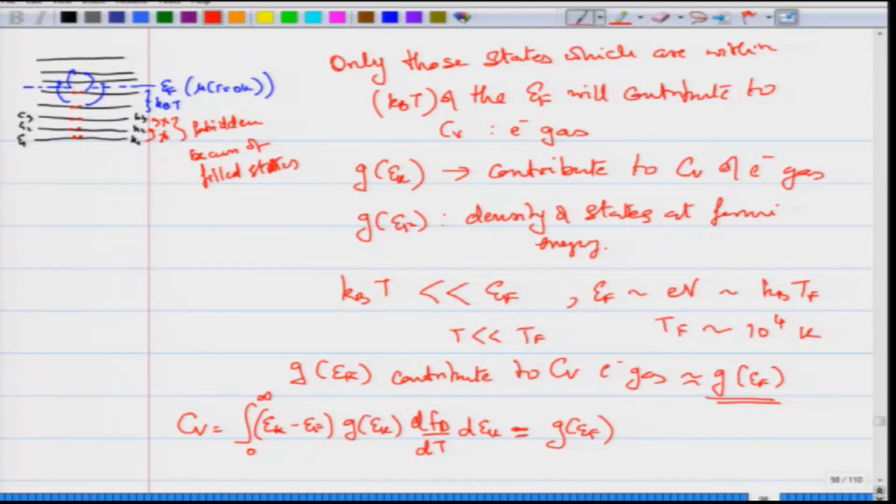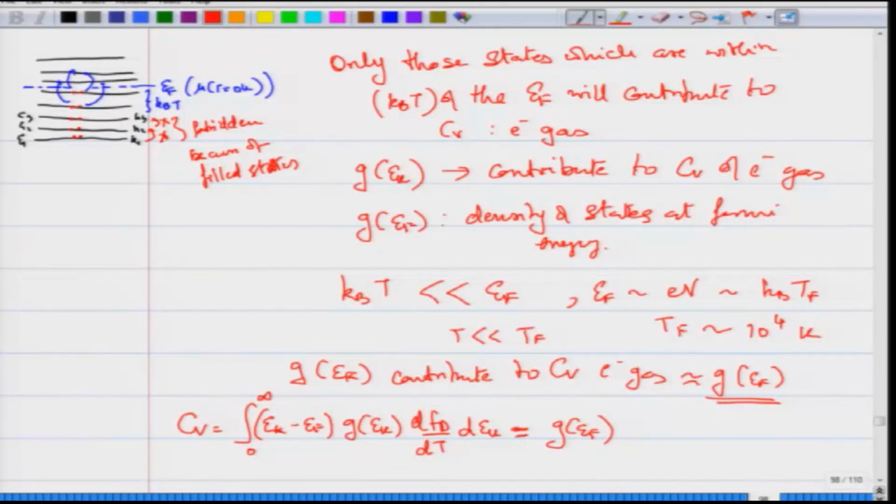But as you know, because the temperatures are far smaller than the Fermi temperature, the density of states which really contribute to the specific heat are the ones which are very close to the Fermi energy. These states which are far away from the Fermi energy do not contribute. So, their density of states will have no contribution to this process.